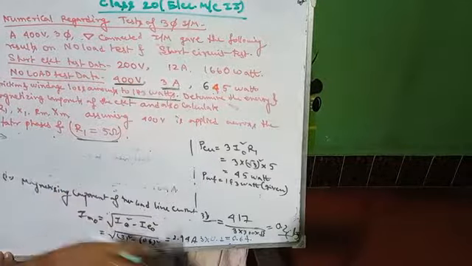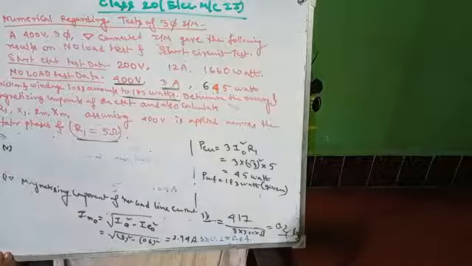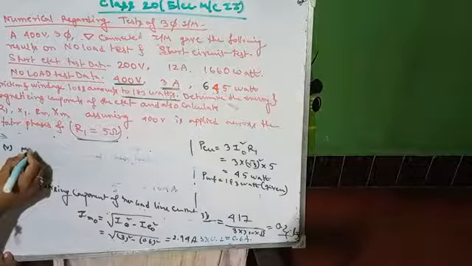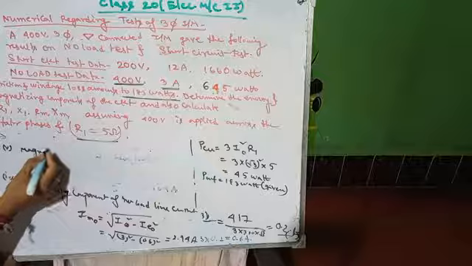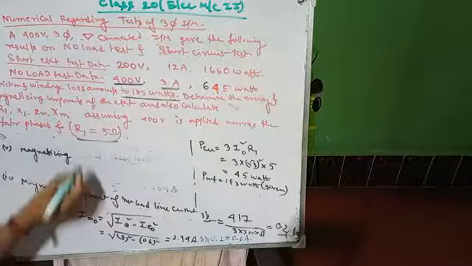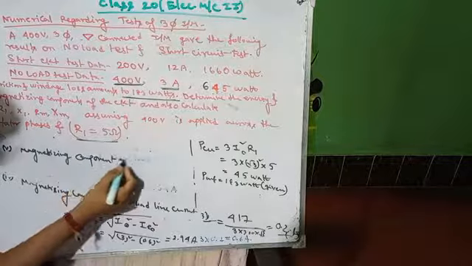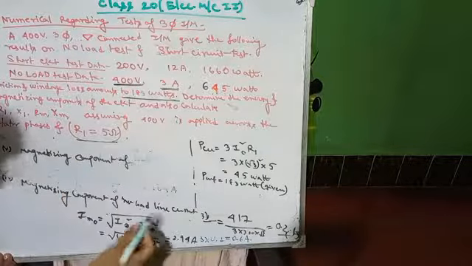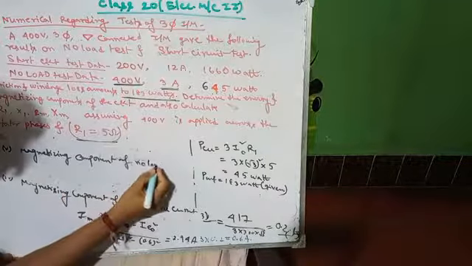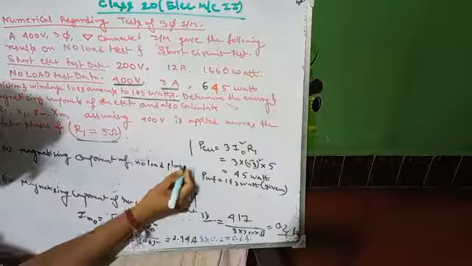So now fifth one, fifth step. The fifth step is the magnetizing component of no load phase current.